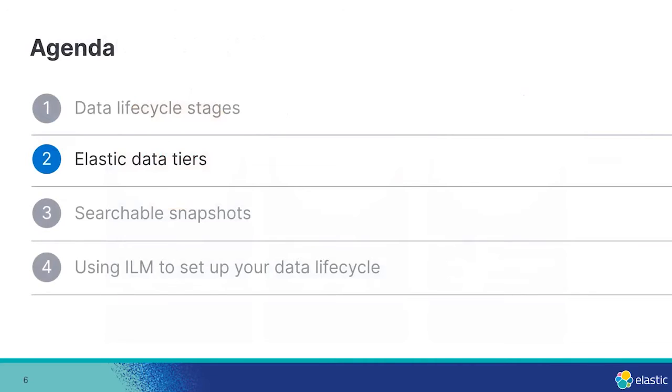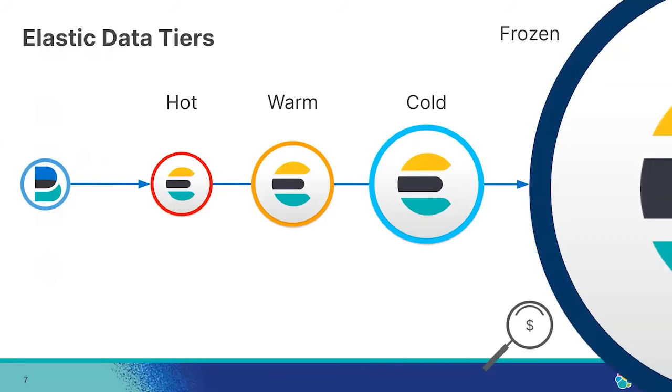So how does this translate to what the Elastic Stack provides? Well, let's take a look. We've had support for data tiers for a while, making it easy for you to store and search your time series data. We started with the hot and warm tiers, where hot is generally for fast machines with SSDs for data at the high relevance stage, and warm is for lower cost machines with spinning disks for the medium relevance stage.